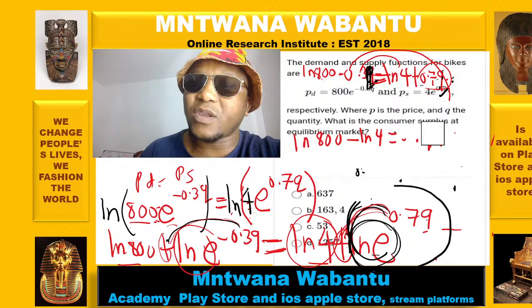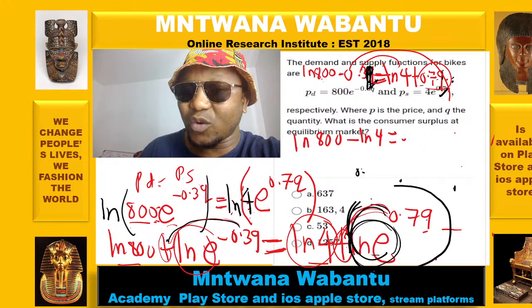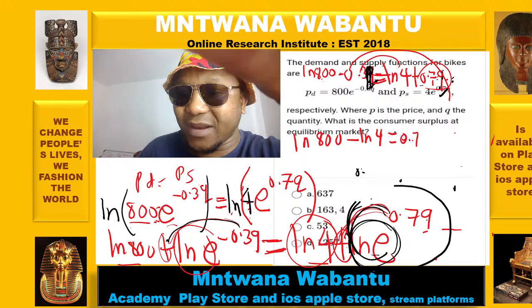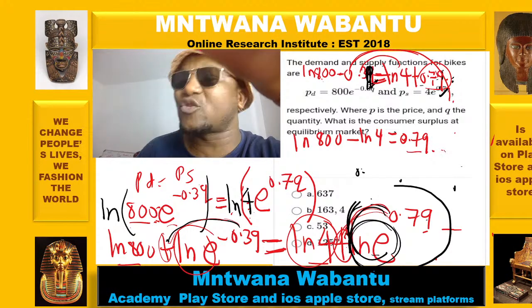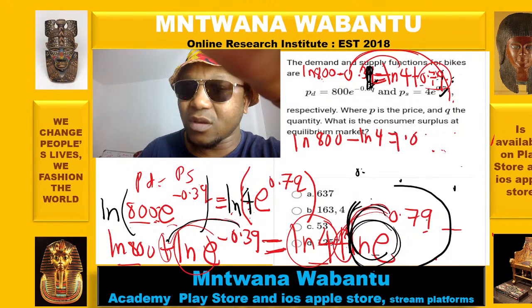Now let me write like this. So 0.7Q is going to be right. But when 0.3Q goes over, remember it's negative, it's going to become positive. So 0.7 plus 0.3 is going to become 1.0, because you add them. 1.0 what? Q. Let me say it again. On the right hand side, we have 0.7Q. And this 0.3, remember it's negative.